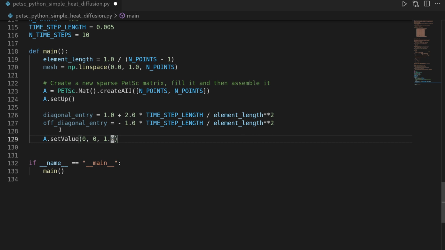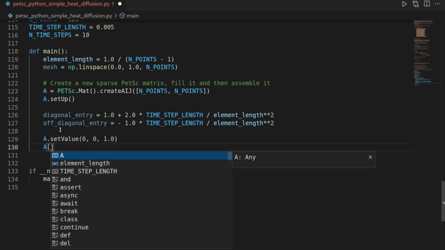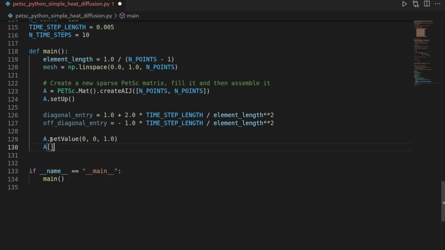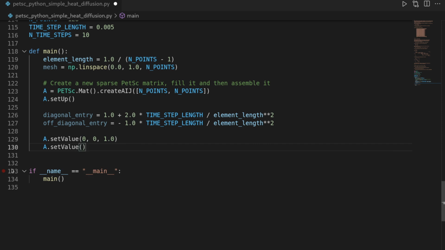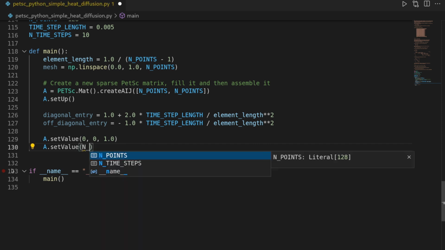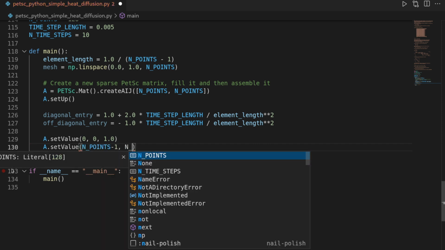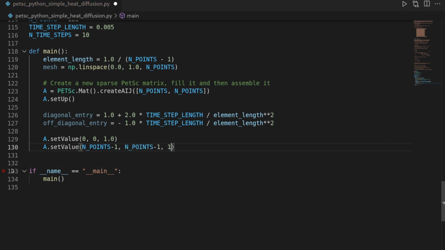And here we have to be a bit careful. We can't use these bracket indices that you might know from NumPy. In some situations you could do that, but here we will resort to this setValue method. Okay, let's similarly set the value at the bottom right by saying at entry endpoints -1, endpoints -1, and 1.0.